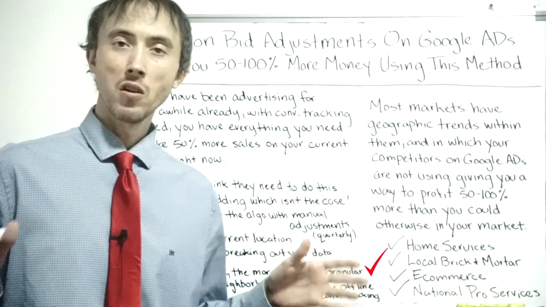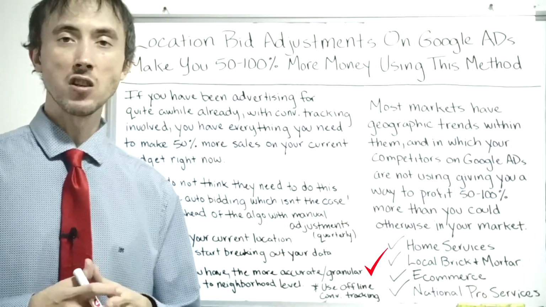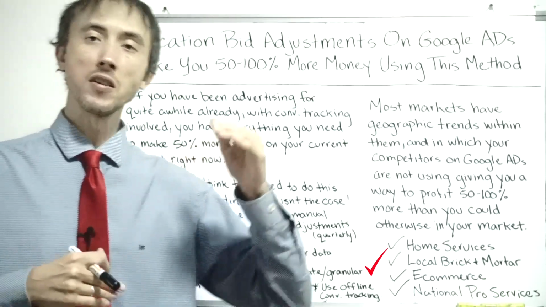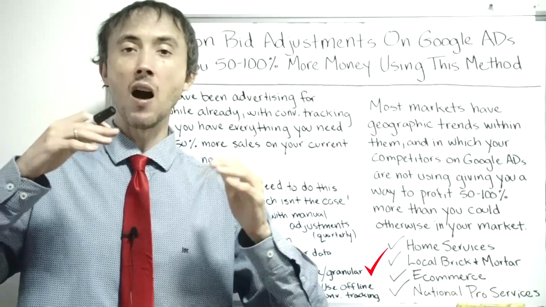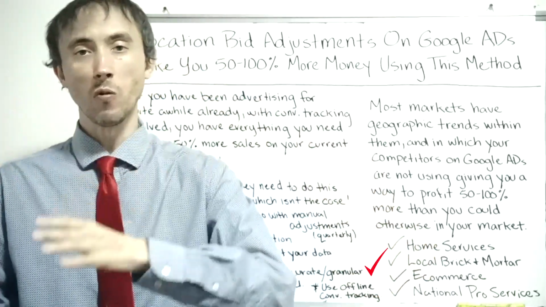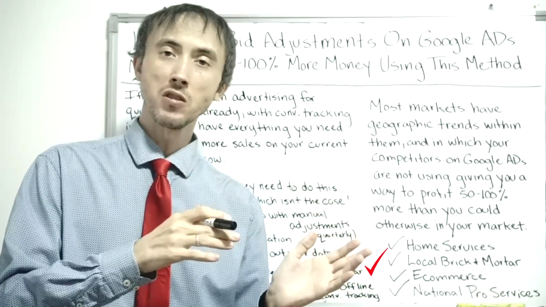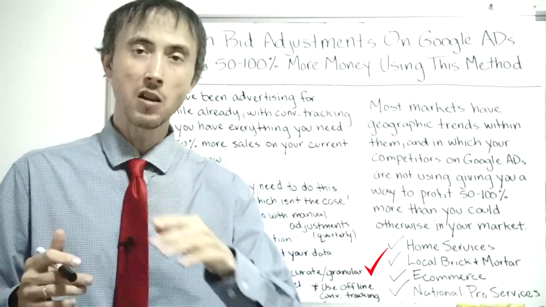It all benefits from these location bid adjustments because there's always some gradient or differential of how one state will do over another state with your keywords that you're targeting or your audiences that you're targeting.